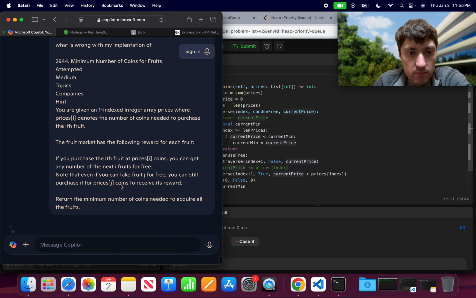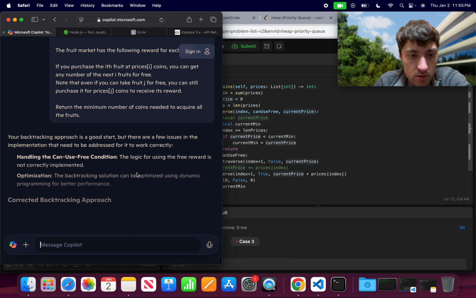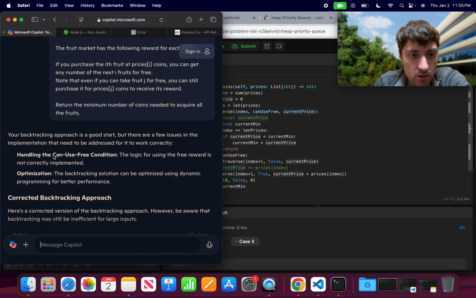Okay. Can use free condition. The logic for using the free reward is not correctly implemented, okay? Optimization. The backtracking solution can be optimized using dynamic programming.